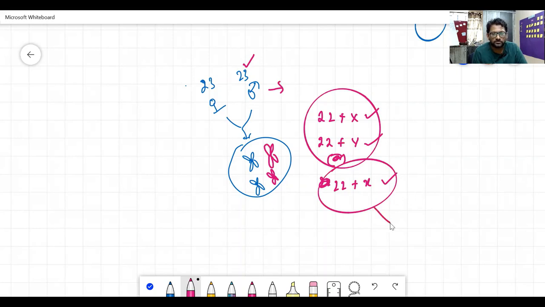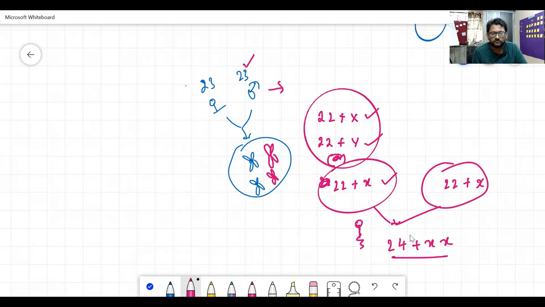So if the sperm carrying X and the mother carrying X combine, we get 22 plus 22 autosomes plus XX. So in total how many?